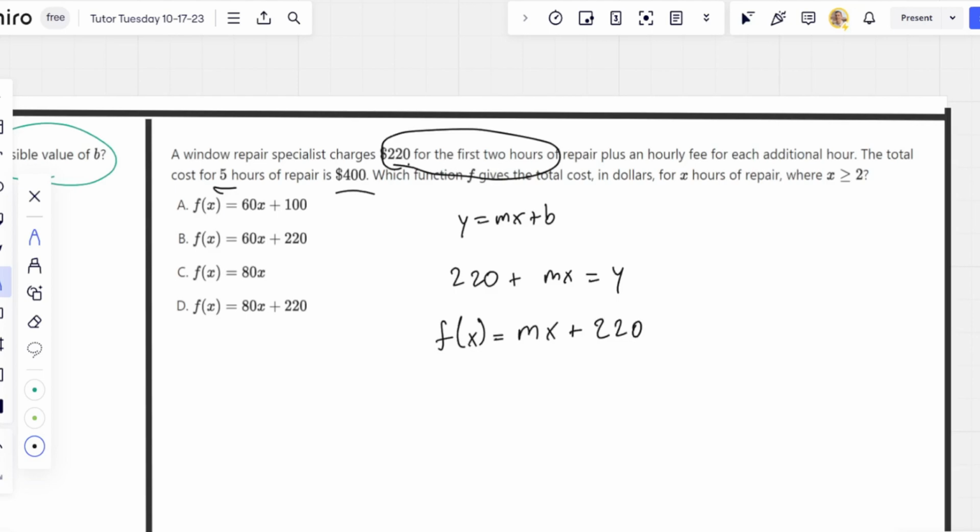And of course we have a data point for this, which is that 400 was our final value. We got charged $400 for 5 hours of repair. So what I would do from here is set up the equation like this. 400 is equal to 5 times the hourly rate plus the 220 flat fee.